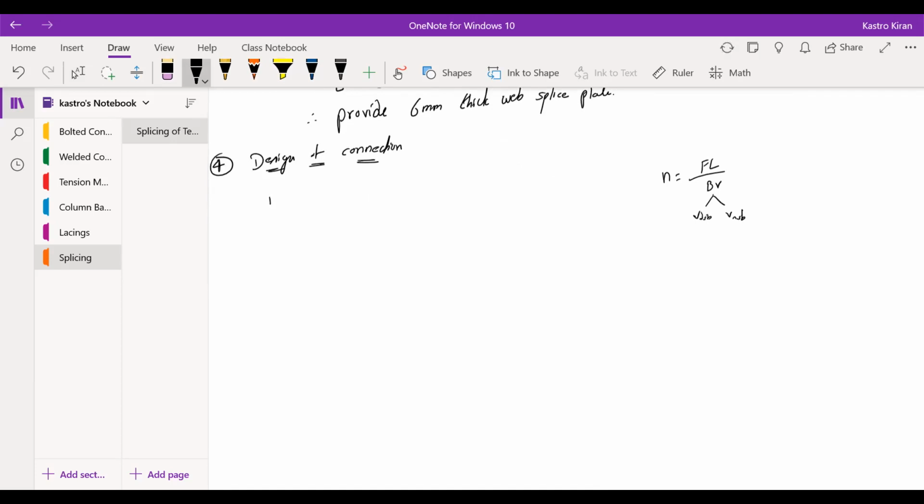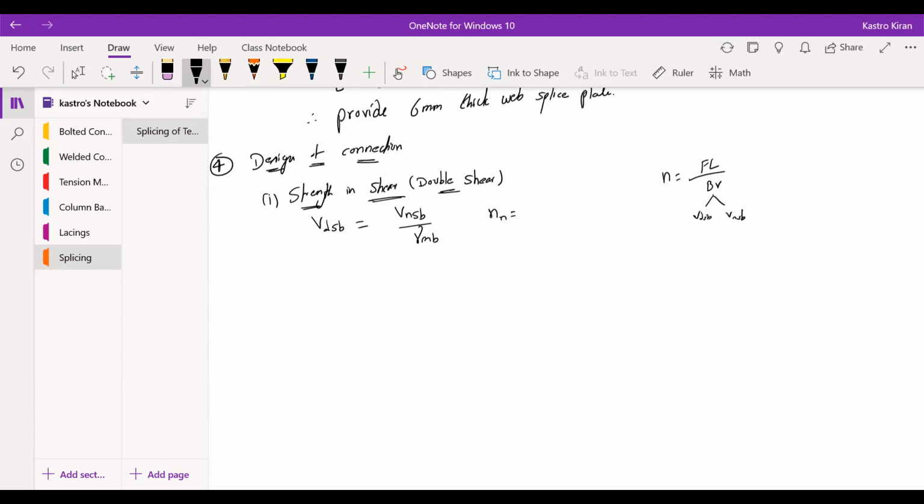So let's find out the strength in shear. Here actually you are going to experience the double shear values. So therefore, VDSP equals VNSP by gamma MB.